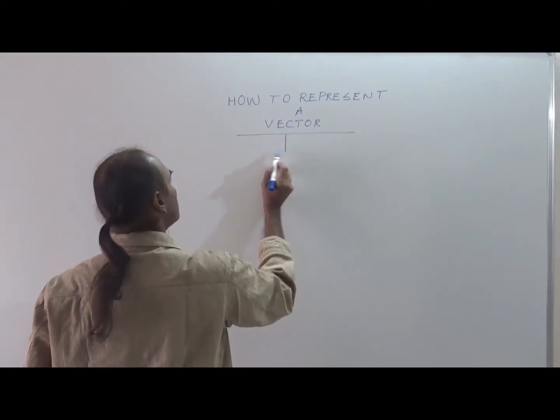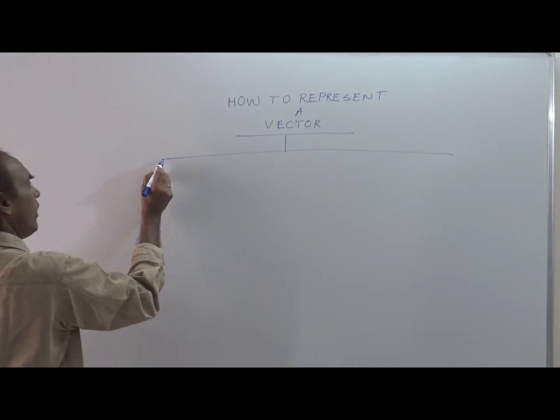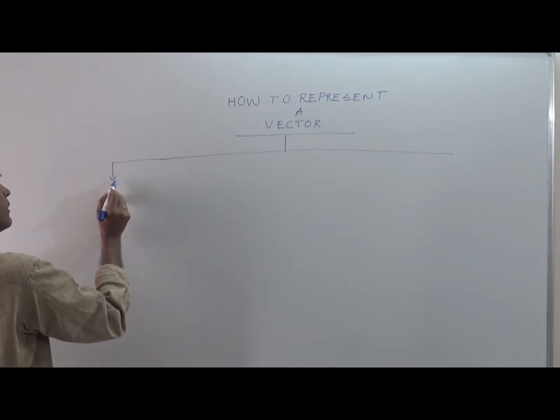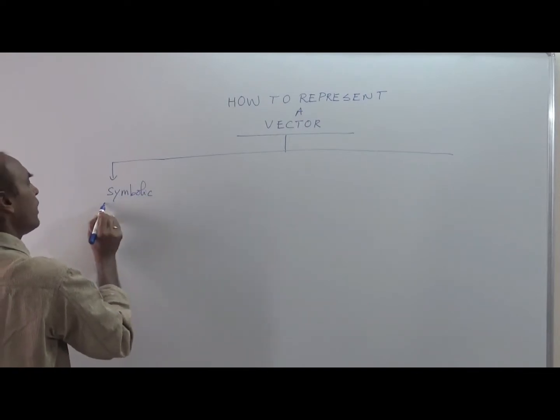There are two different ways. One is symbolic representation.